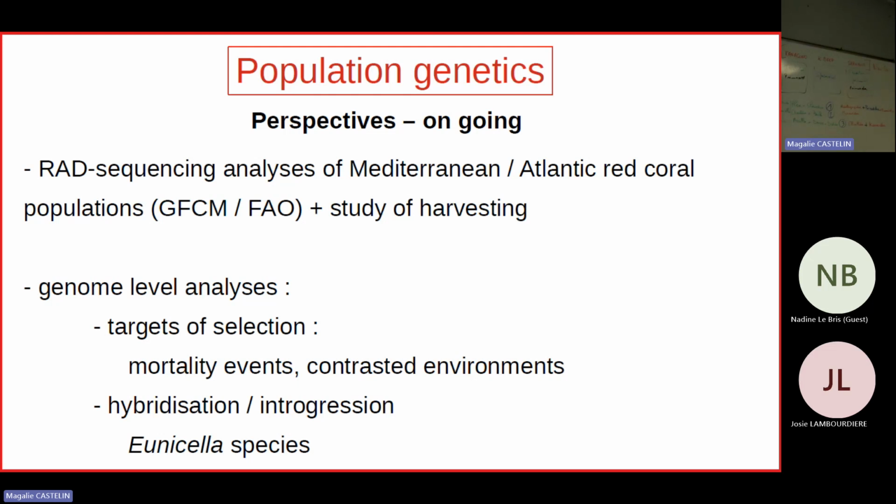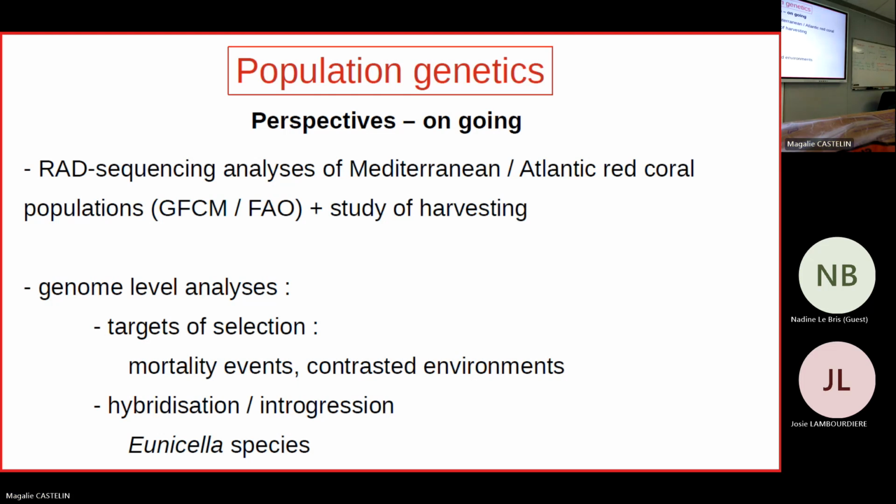So we have samples from Spain, Italy, Greece, which is new. We've got Atlantic and so on, to study the genetic structure, and it's part of an FAO project, which is focused on the study of harvesting of this species. So there is genetics, but not only, also some surveys about the official levels of harvesting of this species.